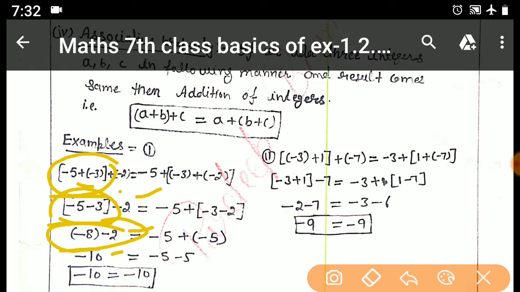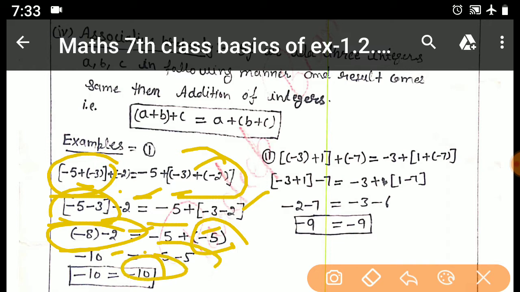Now come to the other side, the right hand side: minus 5 minus 3 plus 2. Minus 5 as it is, minus 3 plus into minus 2, and minus 3 or minus 2 is minus 5, and minus 5 will give us minus 10. The result on both sides is the same, so these integers are associative.